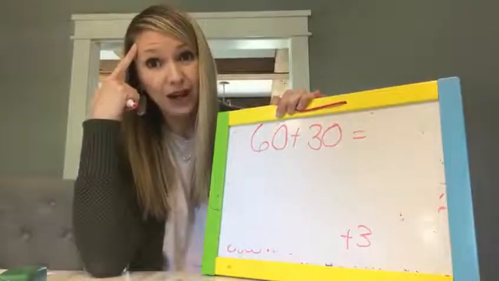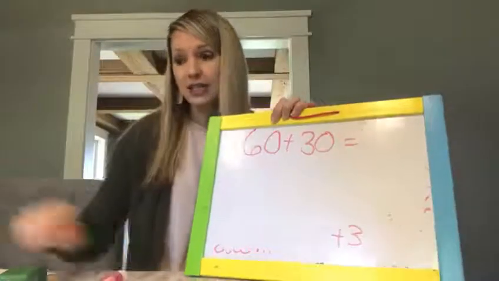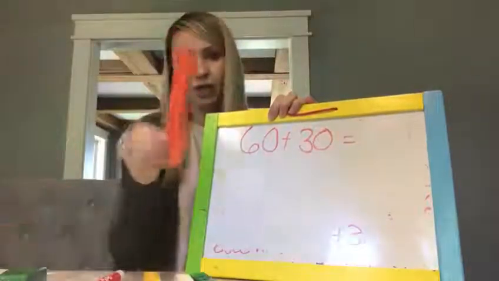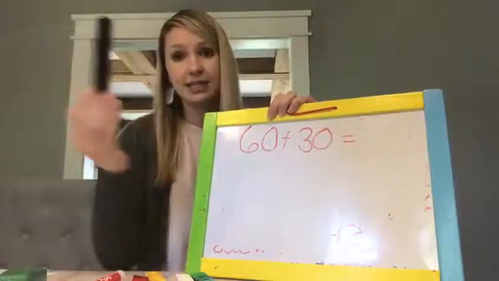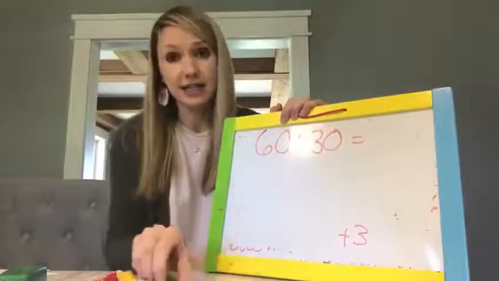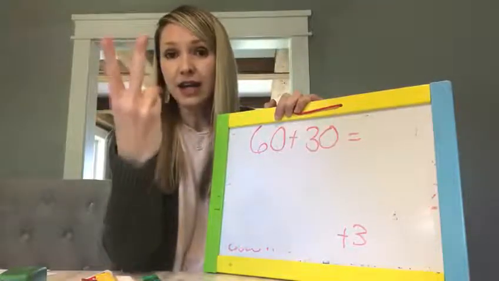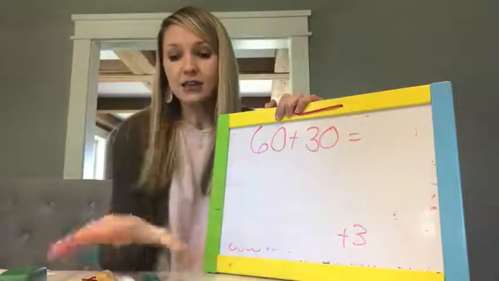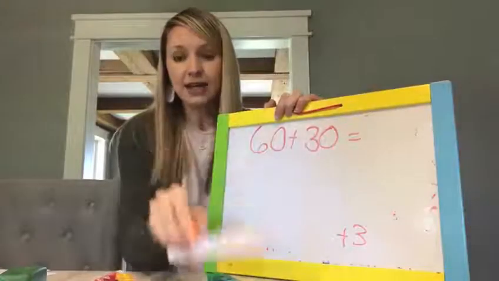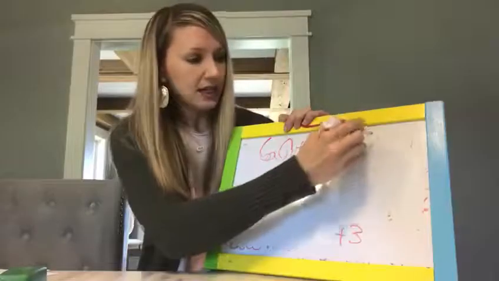Okay? So now if I do 60 plus 30, that's much easier. I'm going to do 60, 10, 20, 30, 40, 50, 60, but then I need 30 more. So I just keep counting by 10: 60, 70, 80, 90. So 60 plus 30 equals 90.